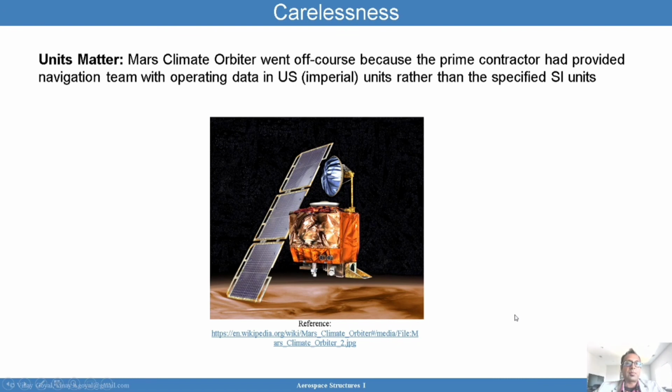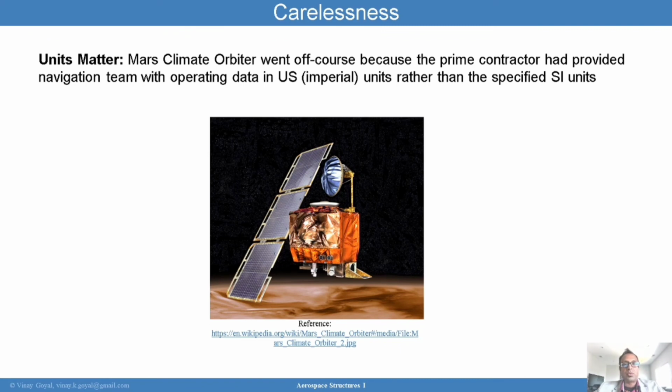But that's an example of not paying attention to what is being done. So units do matter, especially when you're working with a multidisciplinary team of engineers. It's extremely important to make sure that the units are consistent from one area of expertise to another.